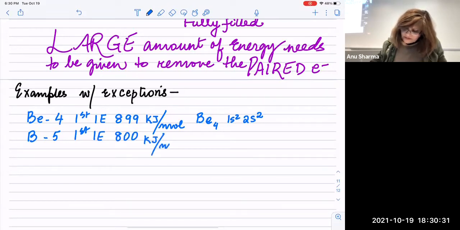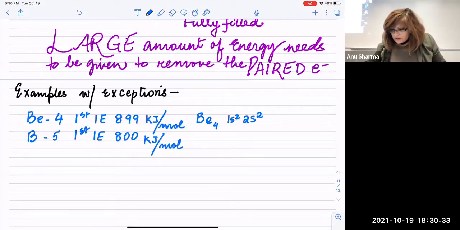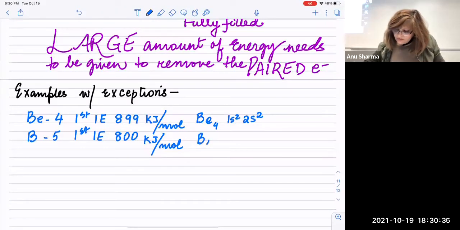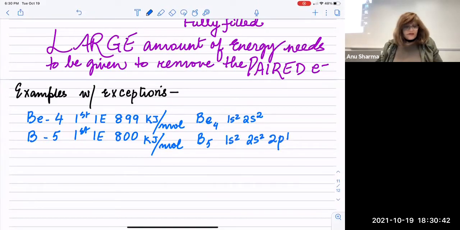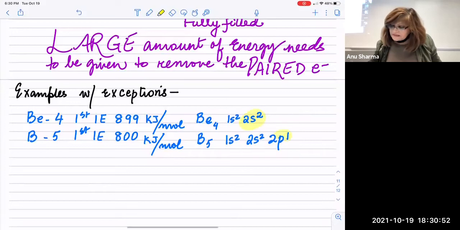The answer again is in the electronic configuration. So look at boron 5, it is 1s2, 2s2, and 2p1. So you see that there are a few things here. This is an S block, more close to the nucleus. Anytime S is very close to the nucleus. This is P block. So that's one difference.